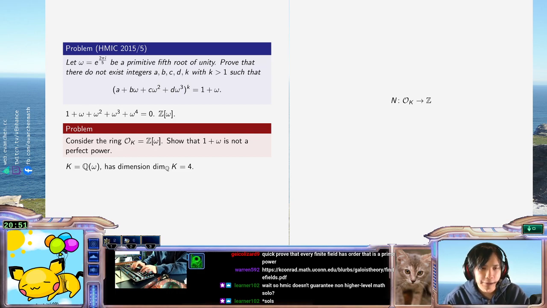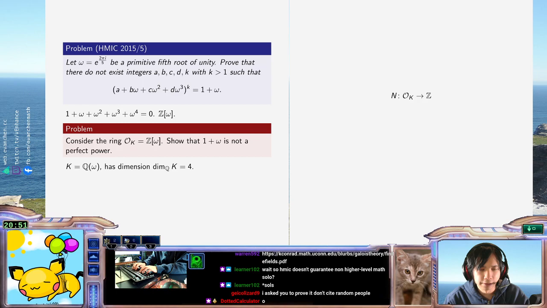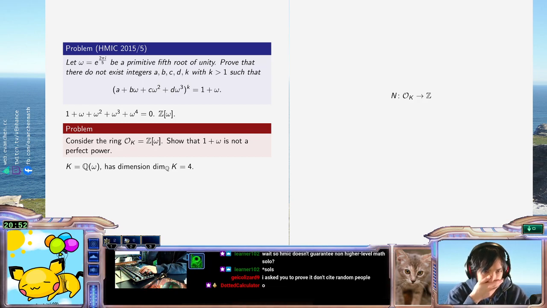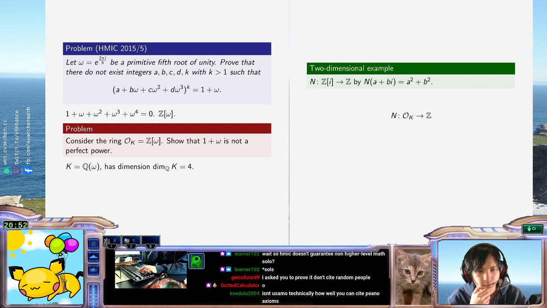If you haven't seen this before, the example to keep in mind is the map for Z adjoin i to Z, which is the absolute value squared. This is a two-dimensional example, and this map has the property that it is multiplicative.